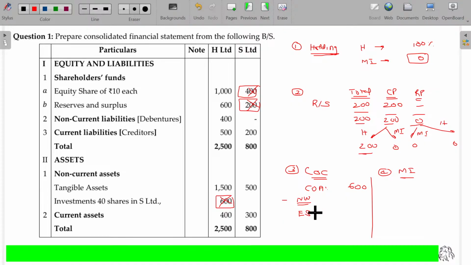Now, what about the holding company's worth here? 400 into 100%, entire 400 is for the holding company share only. What about the equity share capital for the minority interest? Their share is 0. Apart from that, any capital profit you have, that will also be part of this, because you are paying the money not only for the shares' face value but also for any accumulated profit, and that will be considered as your cost of acquisition.